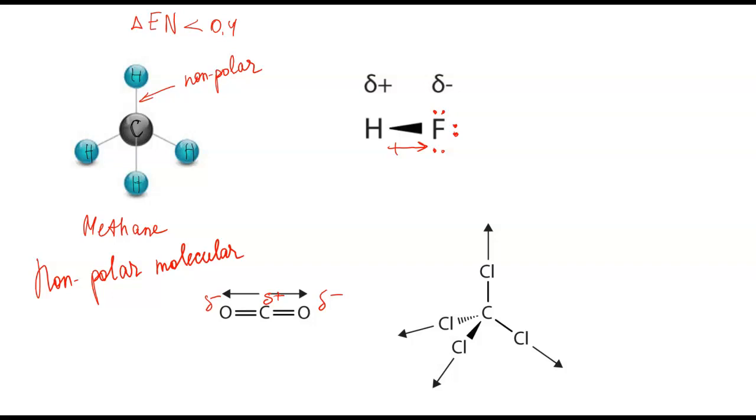But this molecule is non-polar because their effects cancel out because of the spatial orientation of the bonds in each molecule. As a result, such molecules as carbon dioxide and carbon tetrachloride, CCl4, are non-polar, even though they have polar bonds.